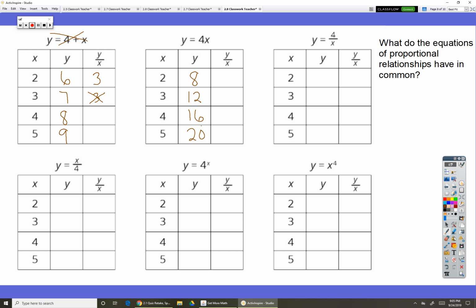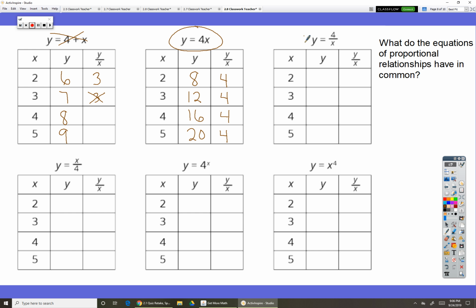Now let's take a look at the ratio, y over x. 8 divided by 2 is 4. 12 divided by 3 is 4. 16 divided by 4 is 4. And 20 divided by 5 is 4. So this equation does represent a proportional relationship.